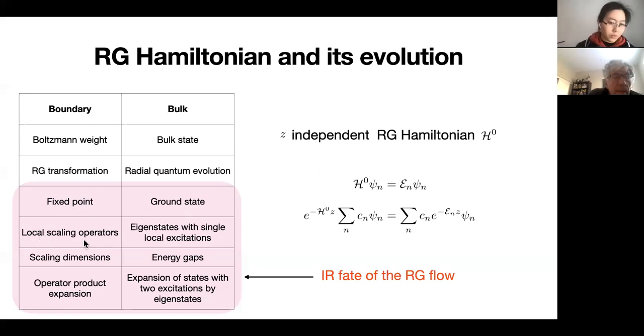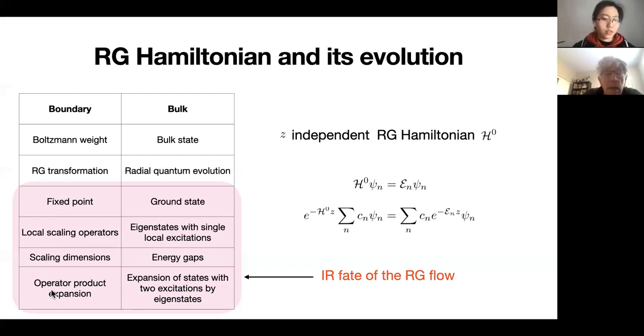Similarly, the local scaling operators correspond to the excited states with single excitations, and the scaling dimensions of scaling operators are given by the energy gap between the ground state and the excited state.